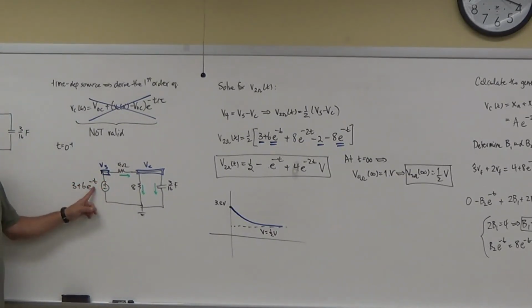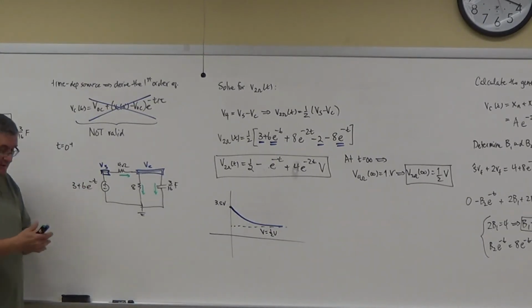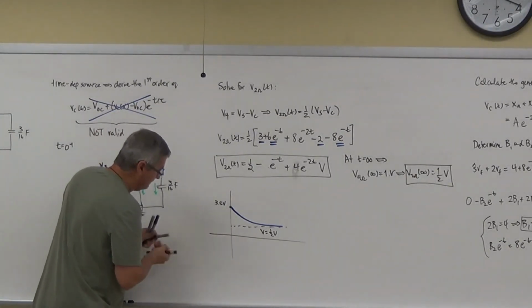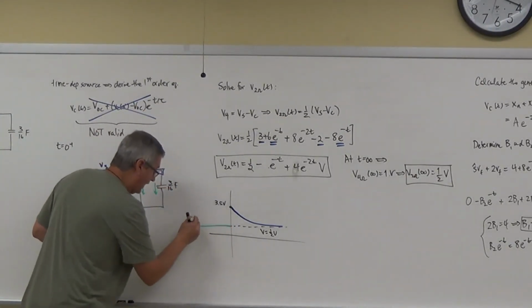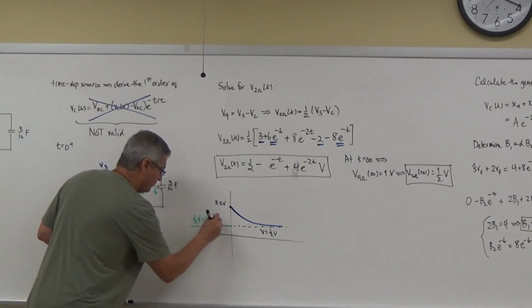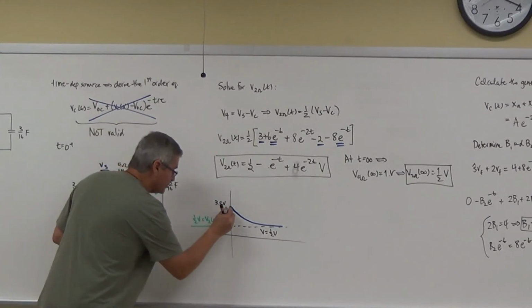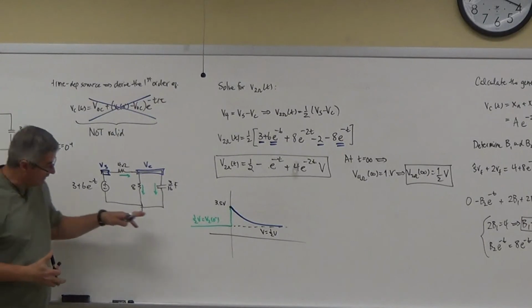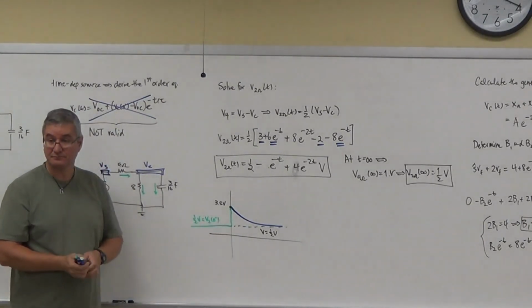At t infinity that's there, but at 0 minus that's not there either. So this guy comes in at half a volt for V2 at 0 minus, and then it jumps up to there. There's a discontinuity. And then I get that behavior right there.